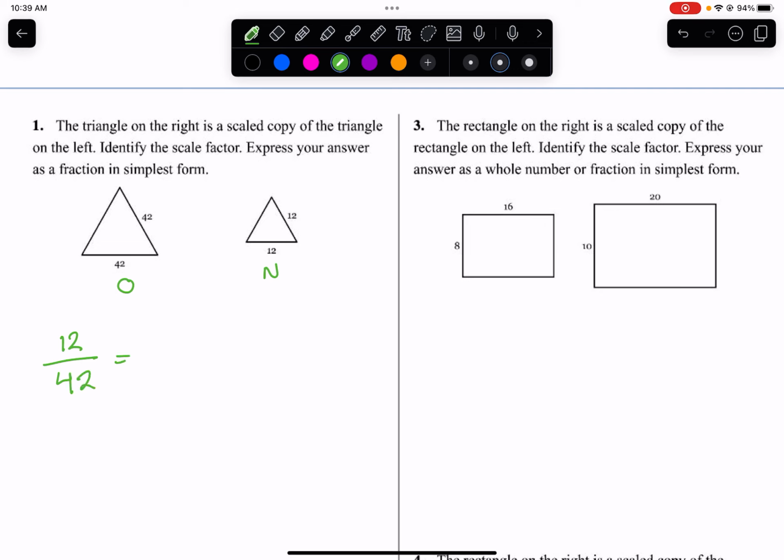All we have to do is 12 divided by 42 in simplest form. You can use your calculator to simplify. If we divide both by 6, we get 2 over 7. Because our scale factor is less than 1, our image is smaller than our pre-image.